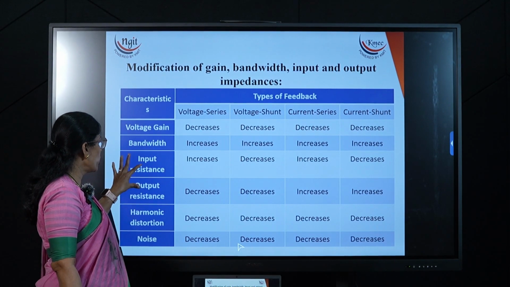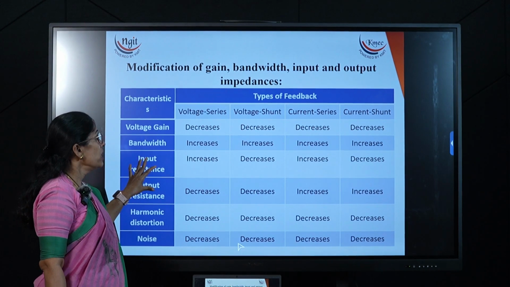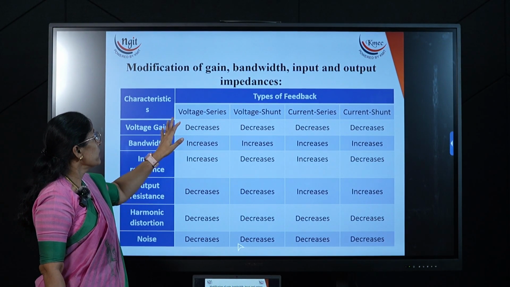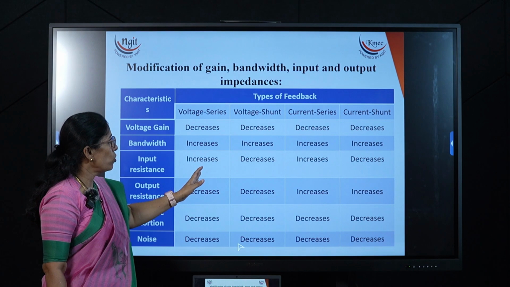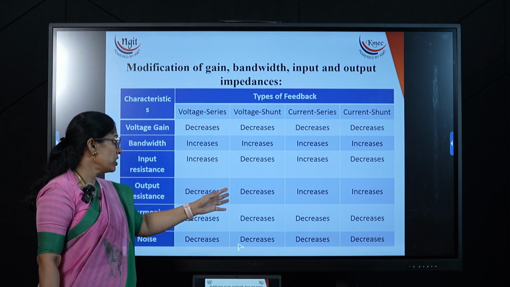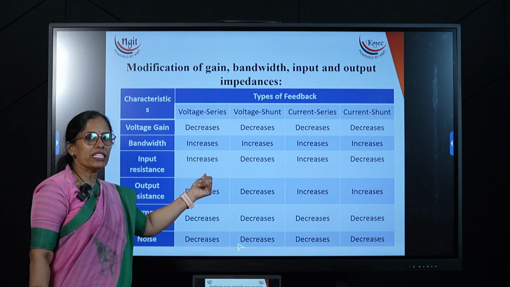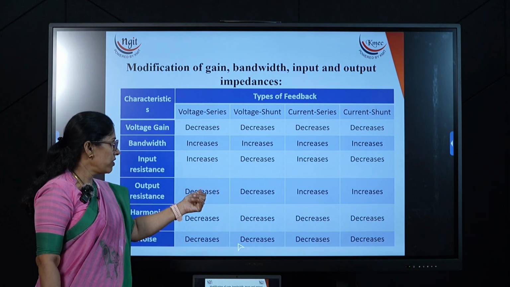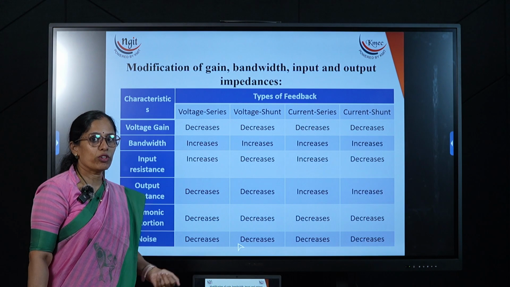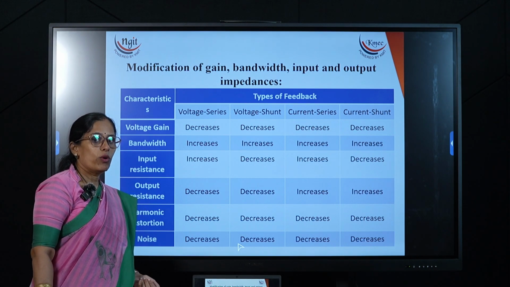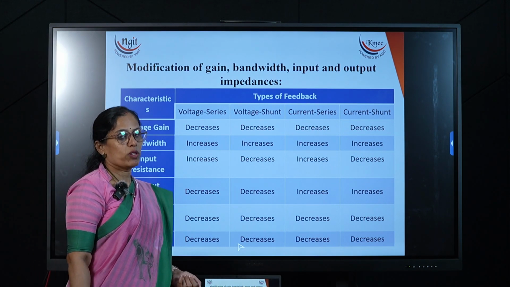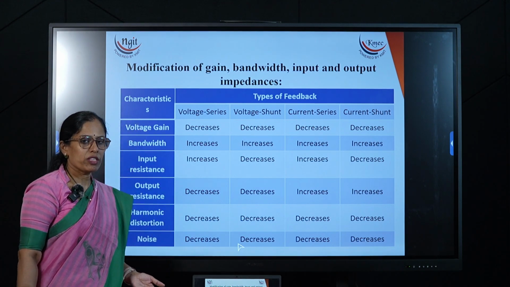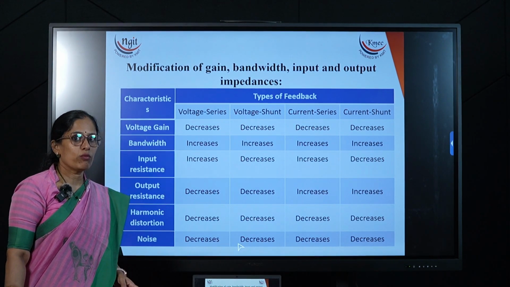Coming to the input and output resistance, we have derived it for voltage series, voltage shunt, current series, and current shunt. Wherever an increase comes, you have to multiply with 1 plus A beta, and wherever it decreases, you have to divide by 1 plus A beta.